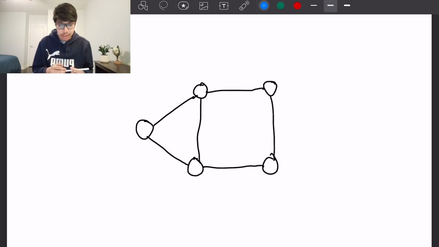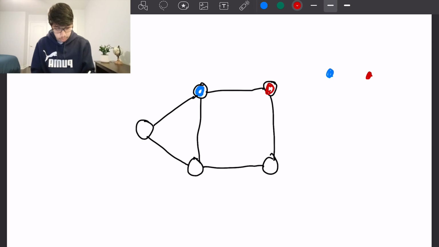Okay, so the screening task I did was about using the quantum approximate optimization algorithm to solve the max cut problem. So let me just give a quick idea of what the max cut problem is. We have this undirected graph like this, and we have 2 paintbrushes, a blue paintbrush and a red paintbrush. And our goal is to figure out a way to paint the corners or vertices of this graph such that we maximize the number of connections between nodes of opposite colors.